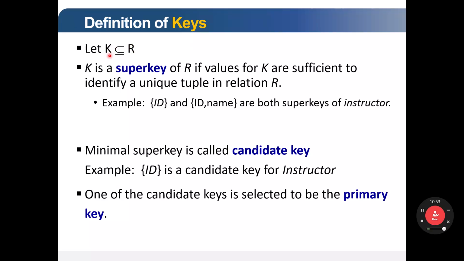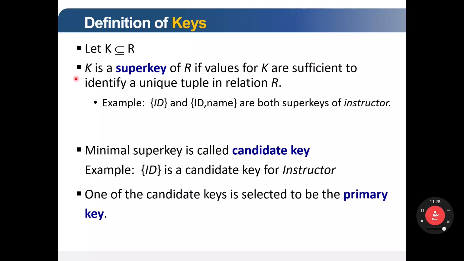So this means that K is a subset of the attributes defined for relation R. So let's suppose R contains ID, name, department name, salary, and so on. And this K can be ID and name, or just ID, or it can be a set of attributes that can uniquely identify each tuple stored in this relation R. Okay, that's the definition of a key.